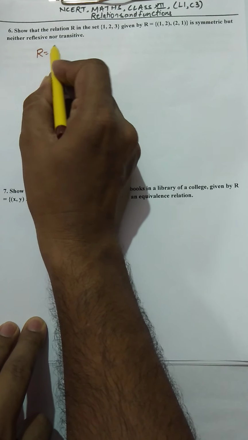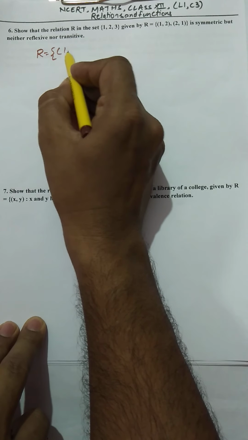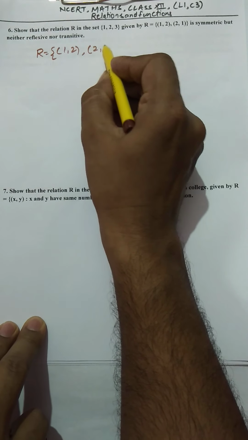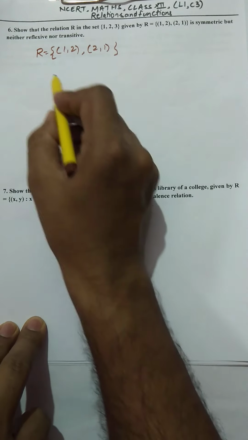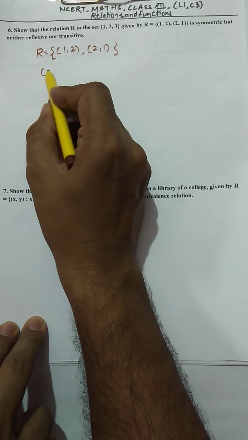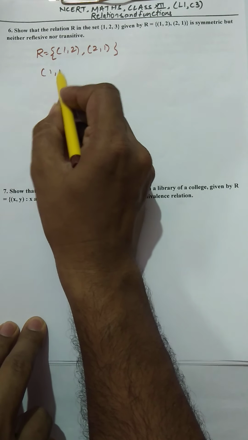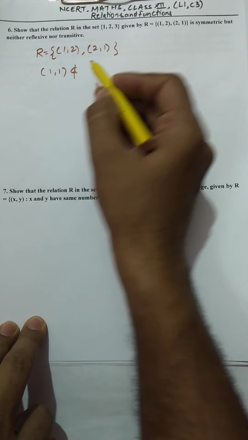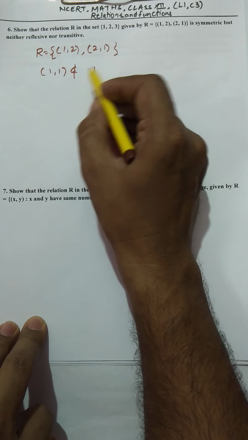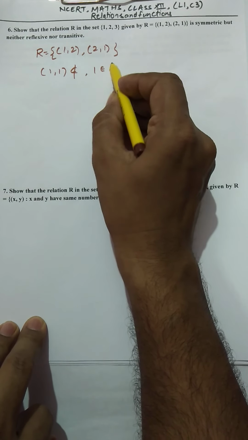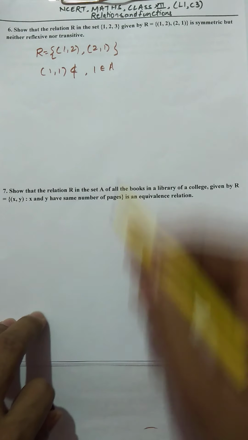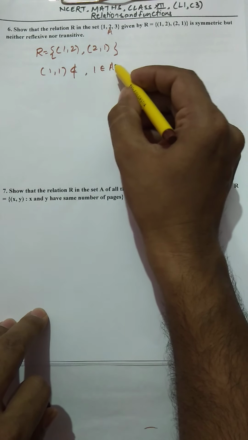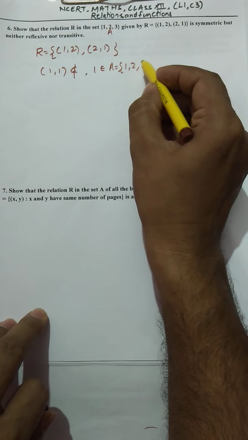This is R = {(1, 2), (2, 1)}. Now I can see that (1, 1) does not belong to R, and this 1 belongs to this set A. Let's say this set is A, where A = {1, 2, 3}.